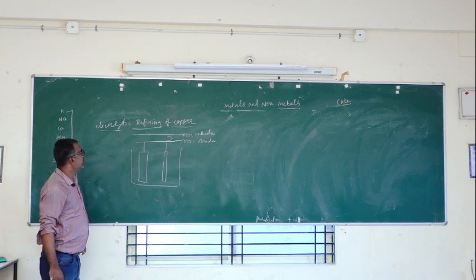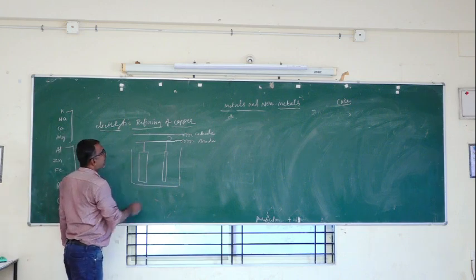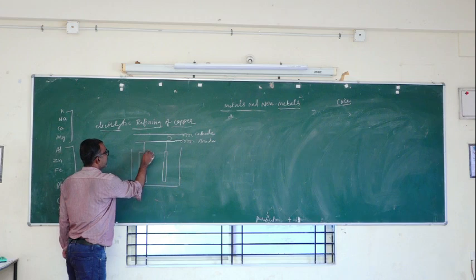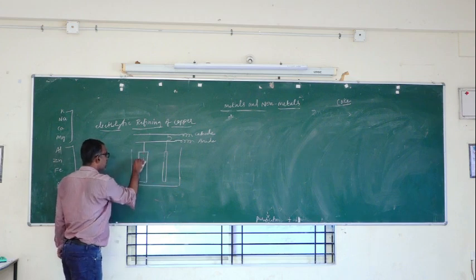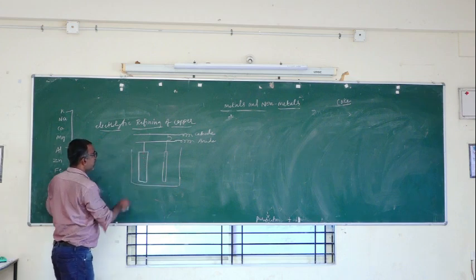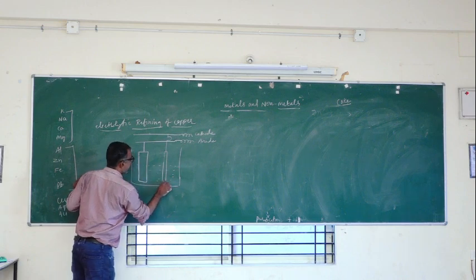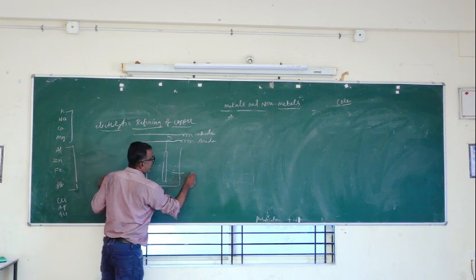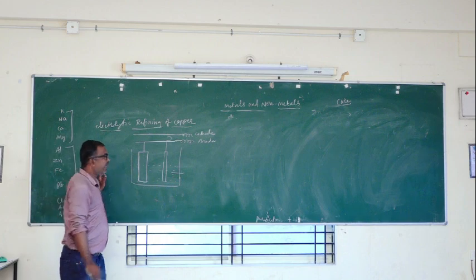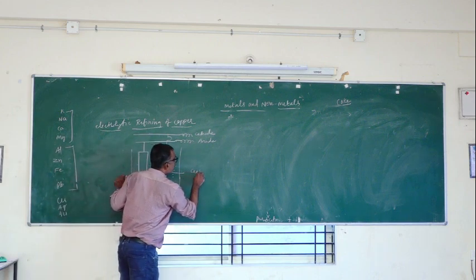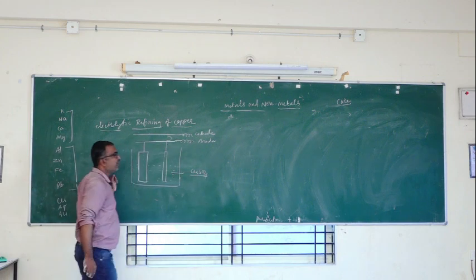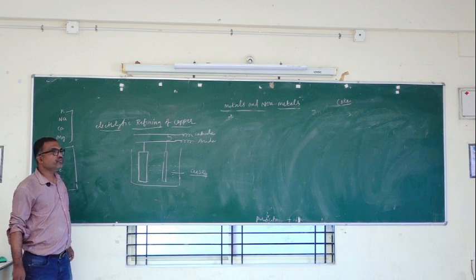But in our book, they have given both the electrodes in the same size. Here, this is the electrolyte. We are going to use the electrolyte called CuSO4, acidified copper sulfate.